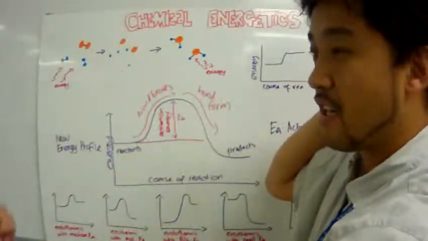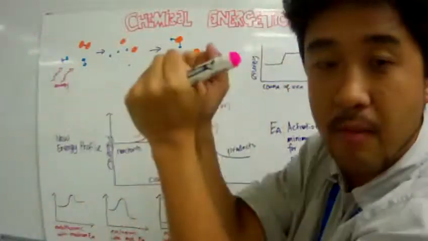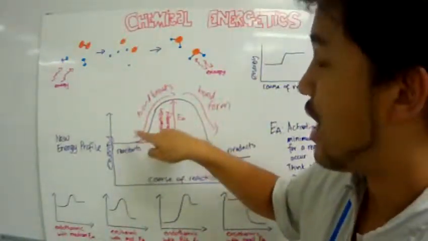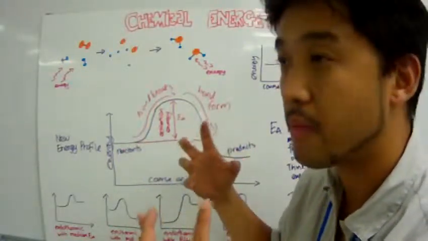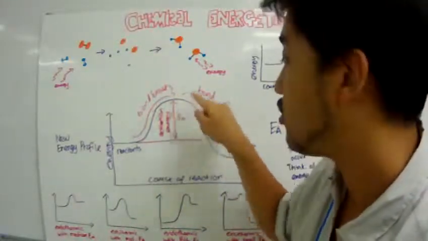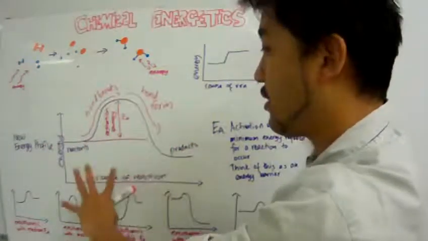But if you introduce enough energy to break up those bonds and form new substances, that means the energy that has been absorbed is good enough to overcome this activation energy barrier, to form new products. All right? So there we go.